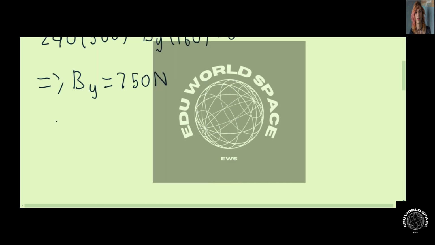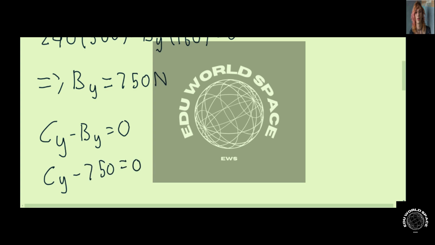So we know that C y minus B y is going to be equal to 0. And we know what B y is, so we now have C y minus 750 equal to 0. And we now get that C y is equal to 750 newtons.